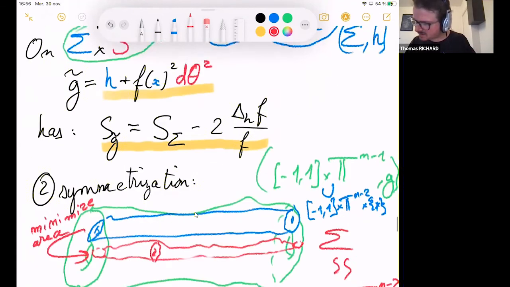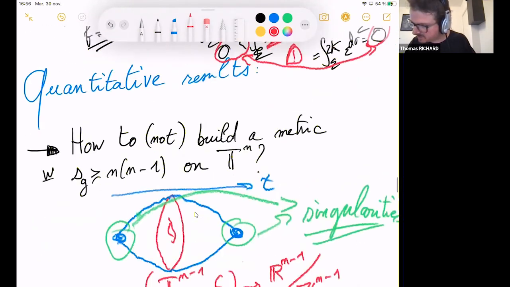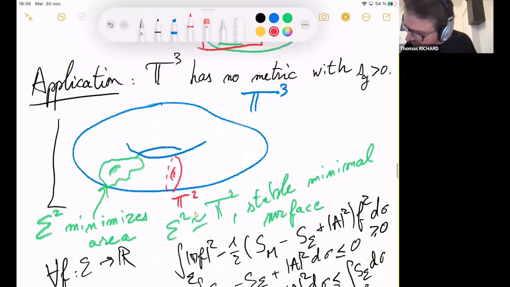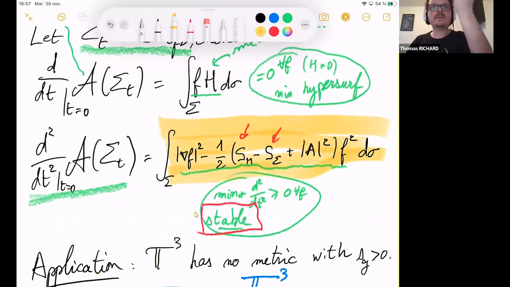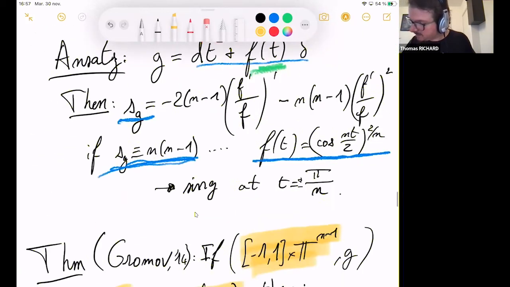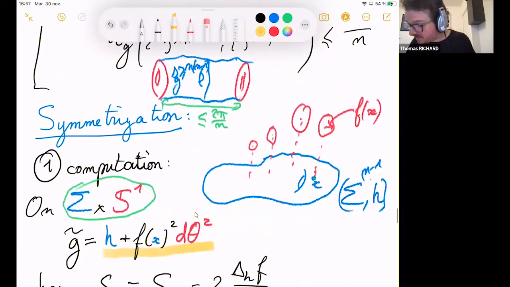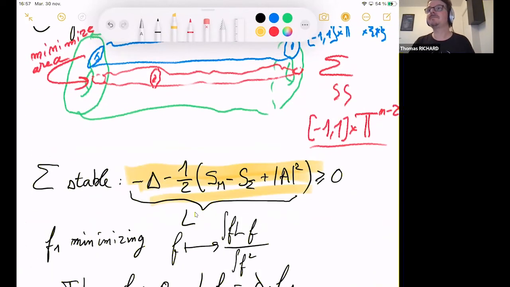Okay. And so this is stable. So what was stability? What did it give us? It gives us positivity of this quadratic form. This is a Schrödinger operator, more or less. So this gives you that this operator is positive, okay?